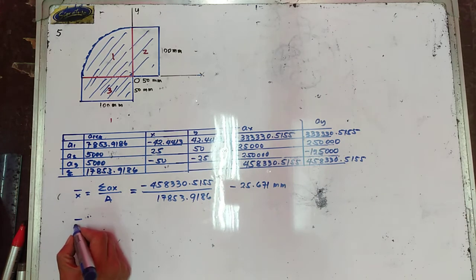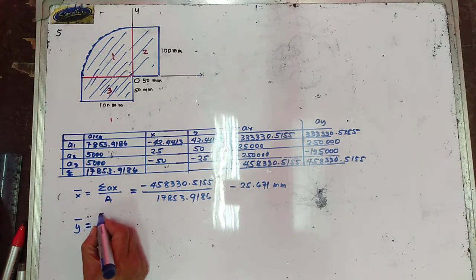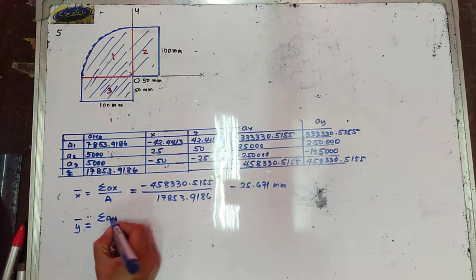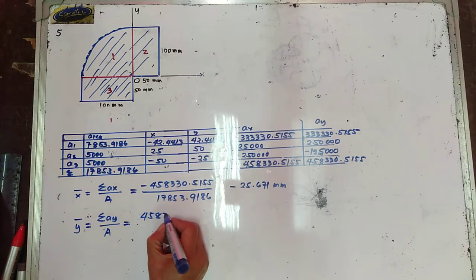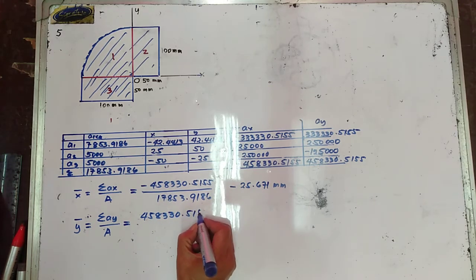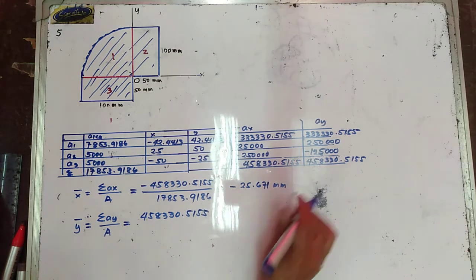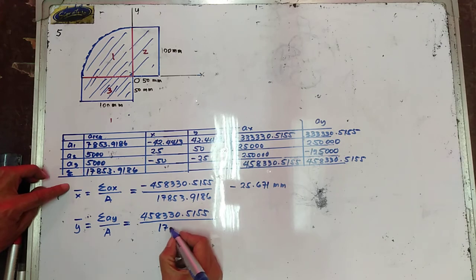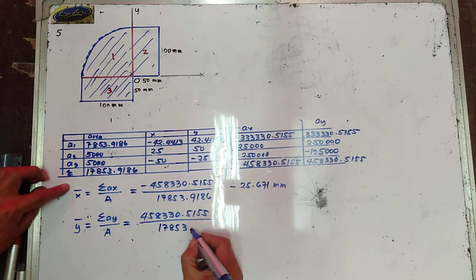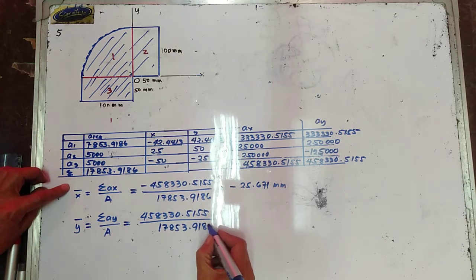And your bar y is now equal to summation AY all over A. So we have positive 458,330.5155 all over the total area, 17,853.9186.